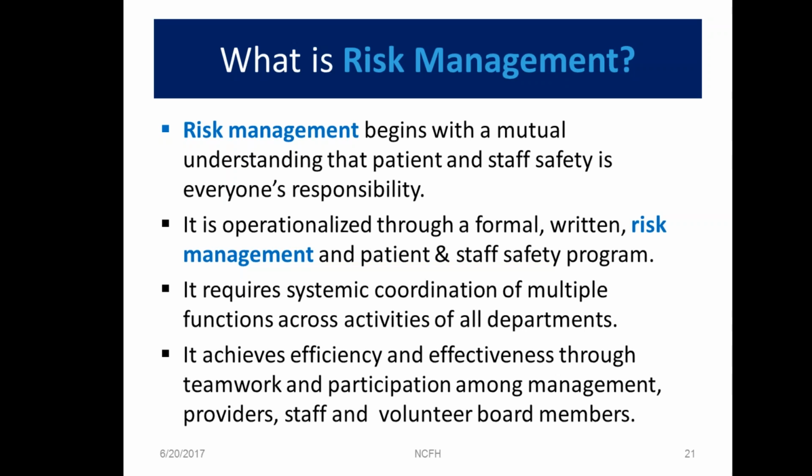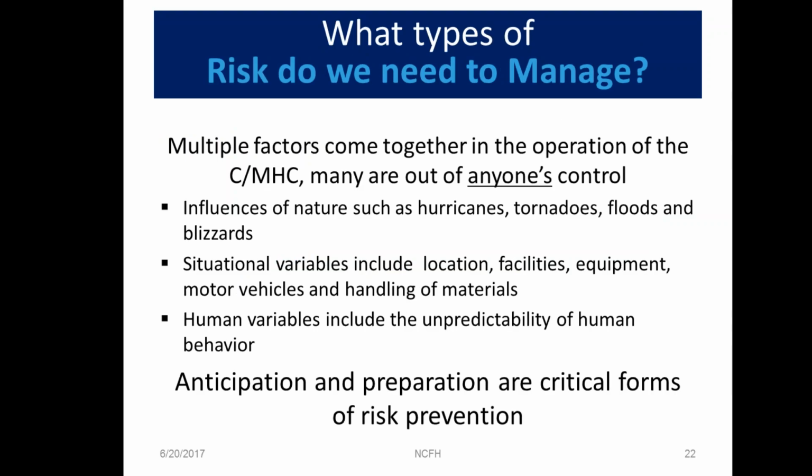So what types of risk do we manage? There are multiple factors that come together in the operation of a community and migrant health center. Many of them are out of anyone's control, or maybe I should say everyone's control. These include influence of nature, such as hurricanes, tornadoes, floods, and blizzards.